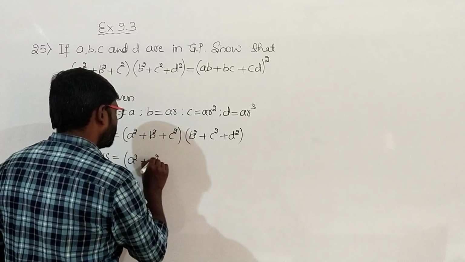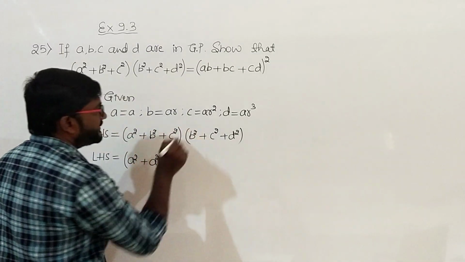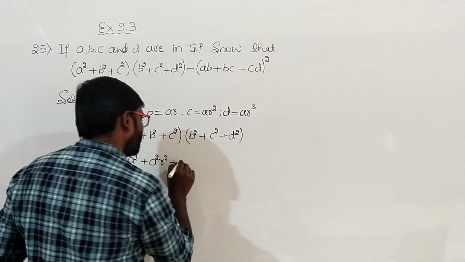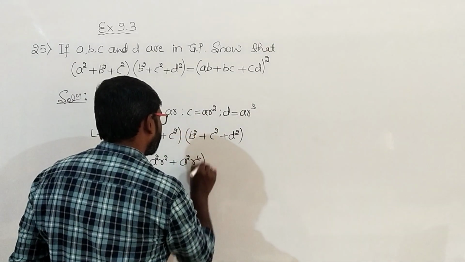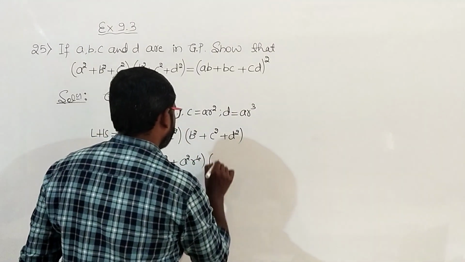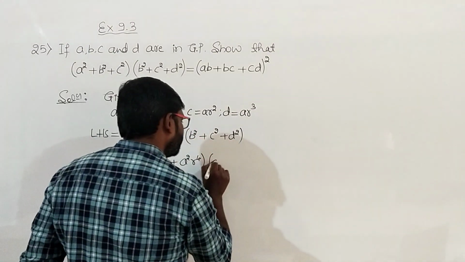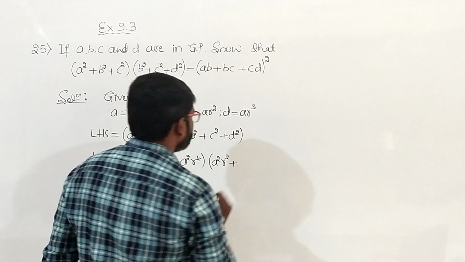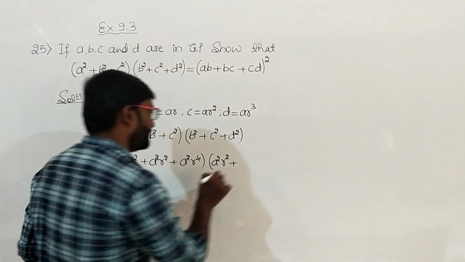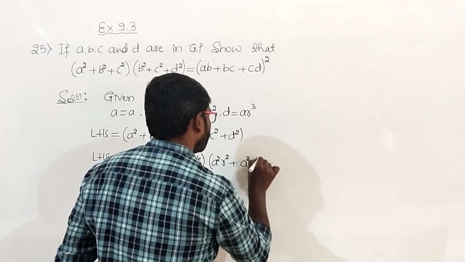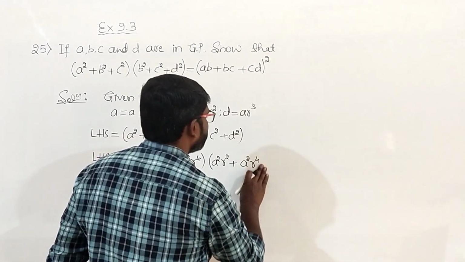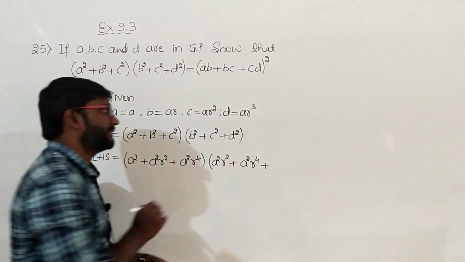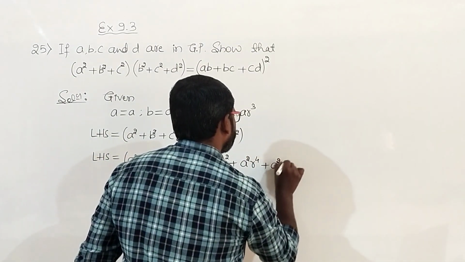You get A square R square plus C square, square on both the sides, you get A square R raised to 4, into B square, that is A square R square, plus C square, that is A square R raised to 4, plus D square, that is A square R raised to 6.